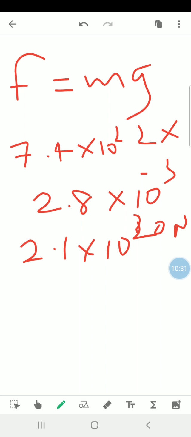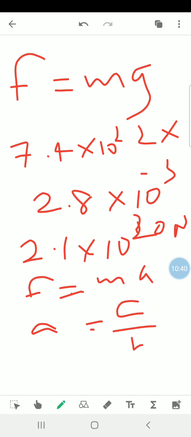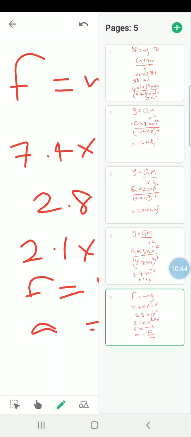Then what is going to be the acceleration? We use F equals ma, so a equals F upon m.